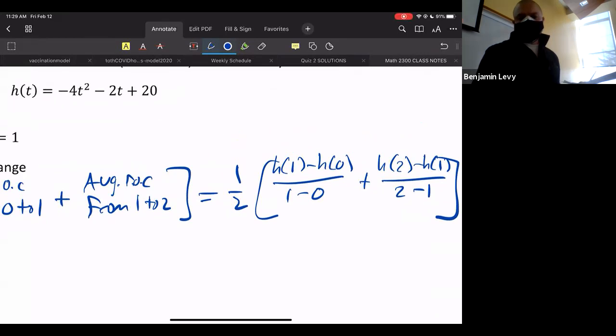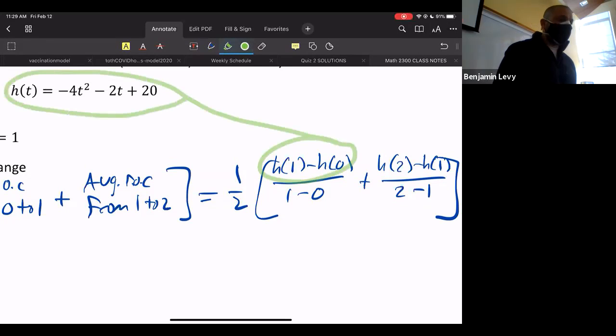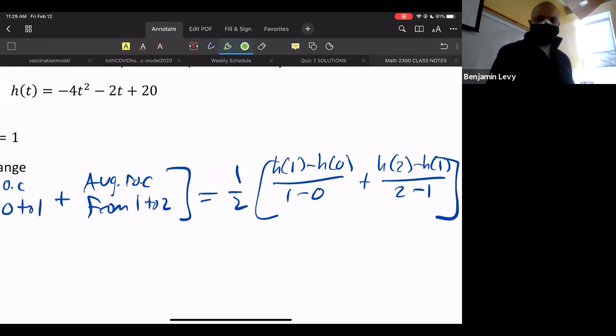These values I'm showing, h of 1 minus h of 0 over 1 minus 0, is the average rate of change from 0 to 1, and then from 1 to 2. We need to use this function to plug them in. So h of 1 is plugging a 1 in, h of 0 is plugging a 0 in, h of 2 is plugging a 2 in, and we just get numbers out and it falls out kind of easily.